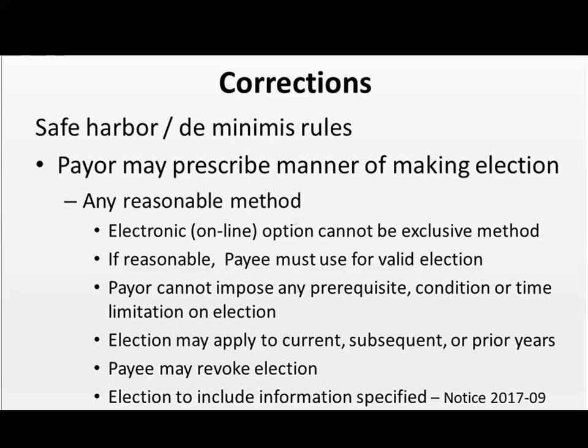The payee has any time during the 3-year statute of limitations to ask that it be corrected. The election may be applied to current, subsequent, or prior years. The payee may revoke the election, and the information to include in that election is specified in Notice 2017-9. So you will want to take a look at that so that you're prepared in case you get any of those things in.